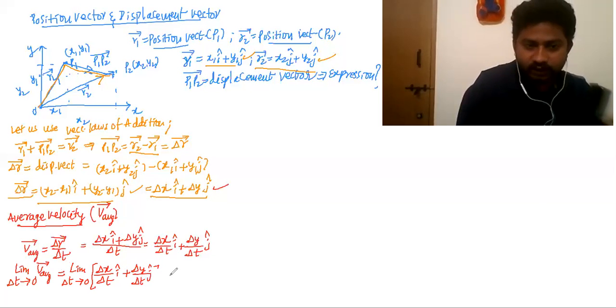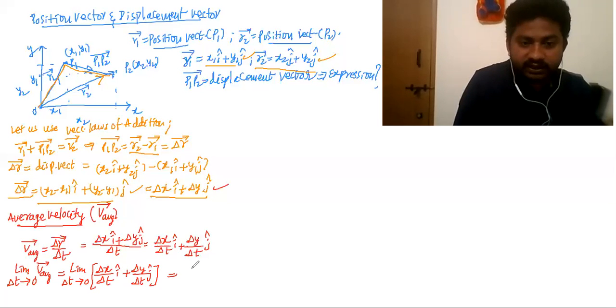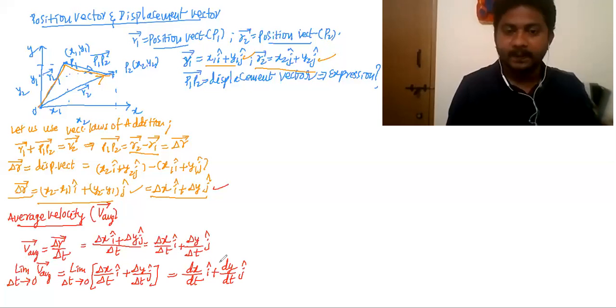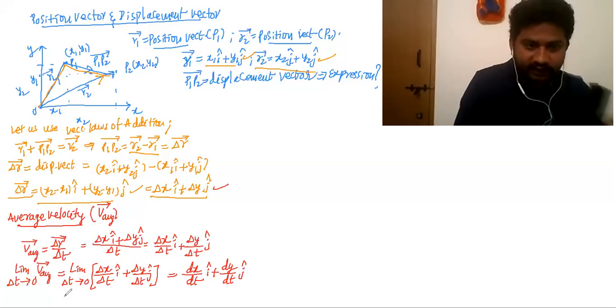Carefully see, my dear students: when you apply the limit, it becomes differentiation. This we had already discussed in the last sessions in motion in a straight line also. When limits are applied, delta x by delta t will be dx by dt of i cap, plus delta y by delta t, which is dy by dt of j cap. So now the final value is what?